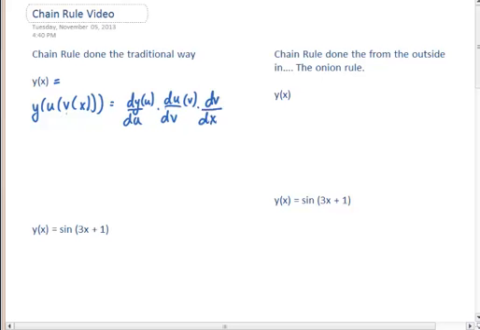So what we see here, when we have 3 layers deep for a function, we have 3 links in the so-called chain for the chain rule. If you notice that when we multiply these links by each other, the v's will cancel, the u's will cancel, and we'll be left with, pardon me, what we're searching for, dy/dx.